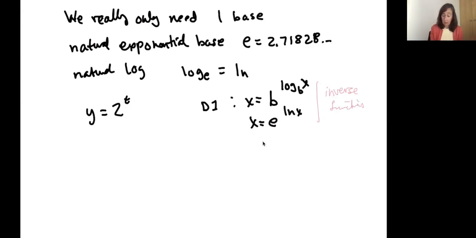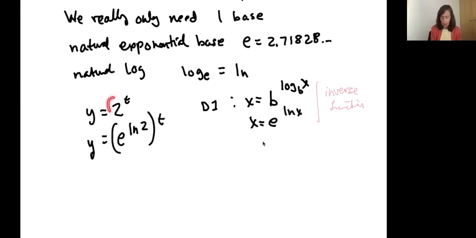And so what I'm going to do is say, well, if that's true for any x, it's true for 2. So I'm going to rewrite that 2 here as e to the log 2, all to the t power. Okay, so that's where the rabbit goes in the hat. So let's really pay attention here.